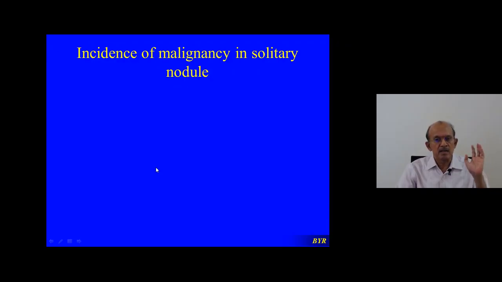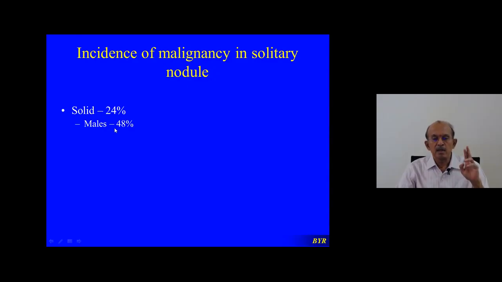That is the incidence. If it is a solid lesion, the chance of malignancy is 24%. If it happens to be a male patient with a solid lesion, the chance of malignancy is 48%. That means almost 50% of the cases are malignant.